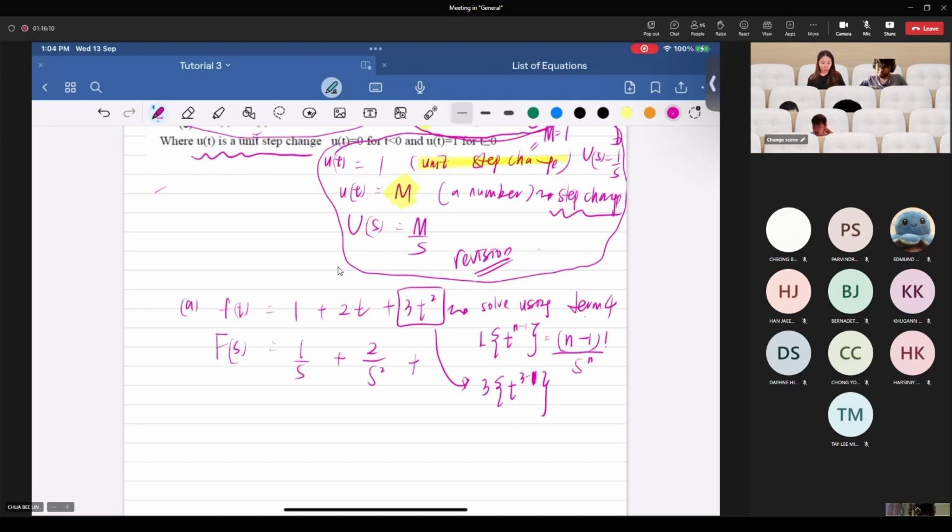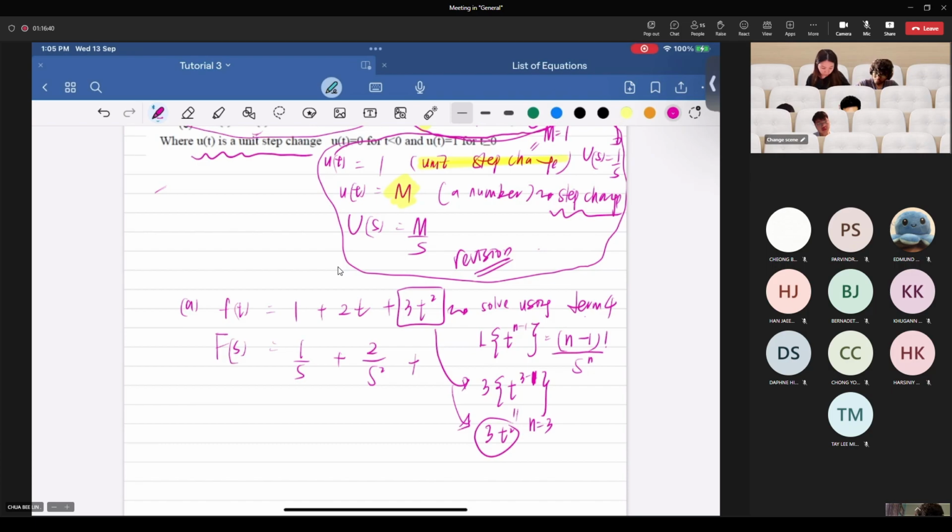Okay, this should give me 3t squared, just like the original question given to me. Okay, so in this case, your n will be 3.